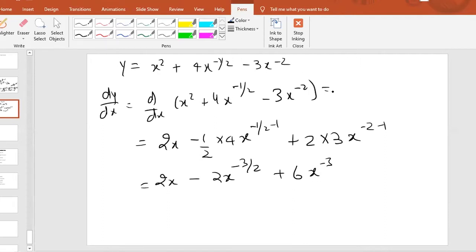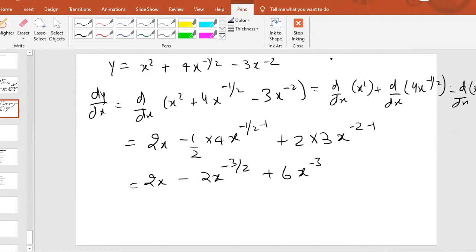The next step is d by dx of x square plus d by dx of 4x power minus half minus d by dx of 3x power minus 2. Then we differentiate this. It becomes x power n form, and we'll get the answer for this.